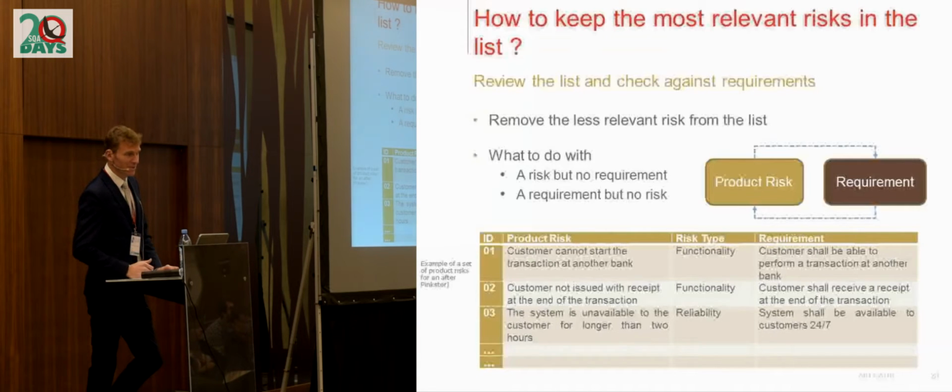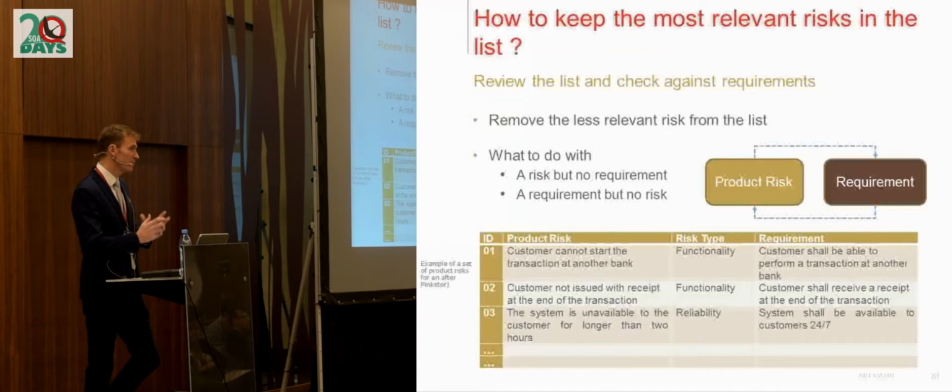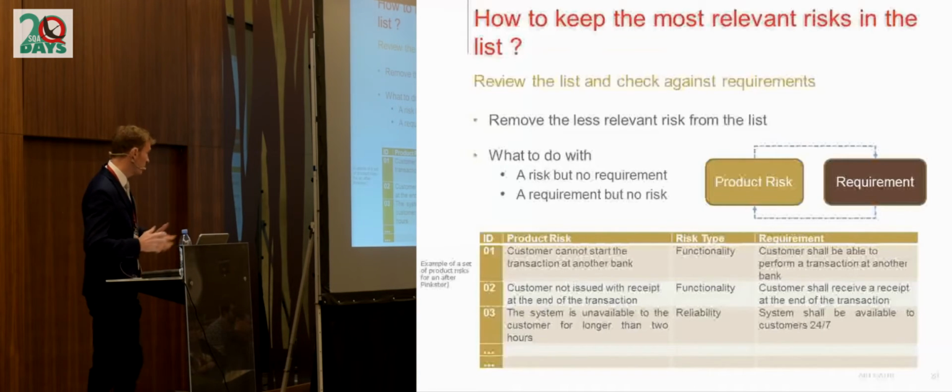So there are two options. It may signify that we have forgotten a requirement. In that case, we can add one or a couple of requirements and link them to the risk. And the other option is that the risk is not relevant, so we remove the risk.